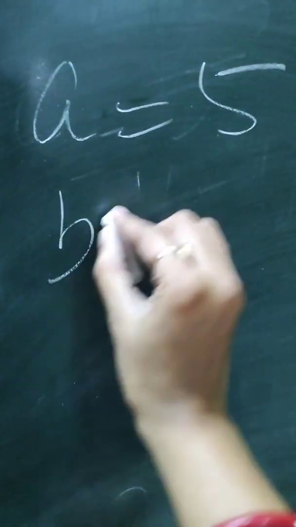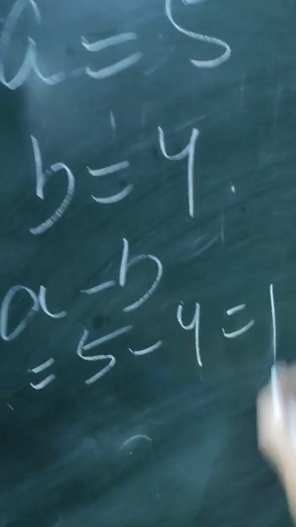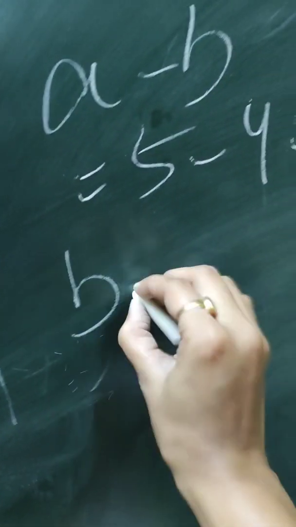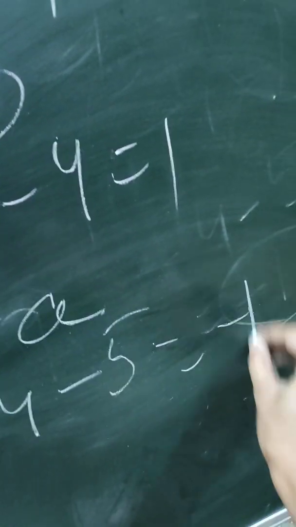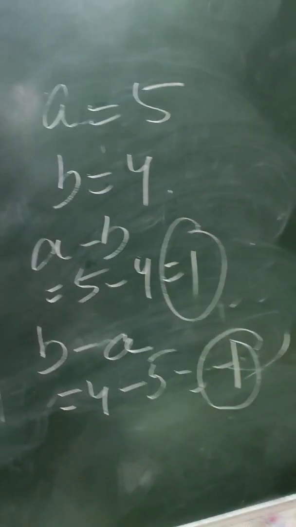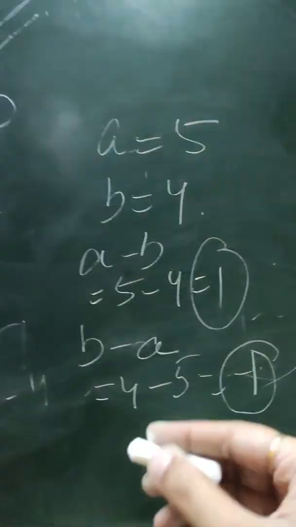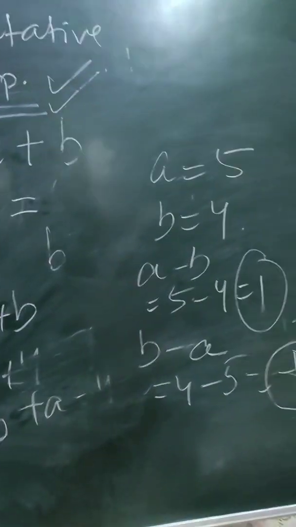If I take a as 5 and b as 4, then a minus b is equal to 5 minus 4, which is equal to 1. But if I subtract b minus a, then it is 4 minus 5, which is equal to minus 1. You can see clearly the difference in the results. One is 1 and the other one is minus 1. This is how the commutative property of integers stands good for addition only and not in the case of subtraction.